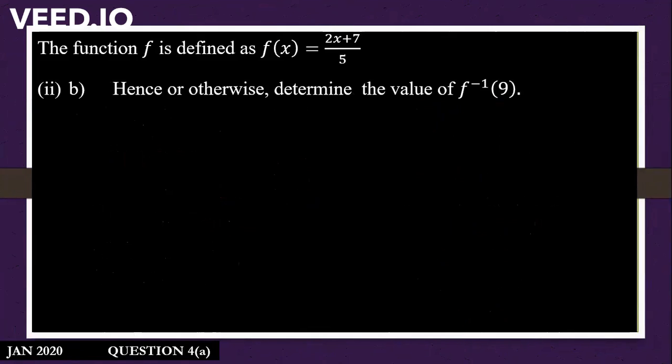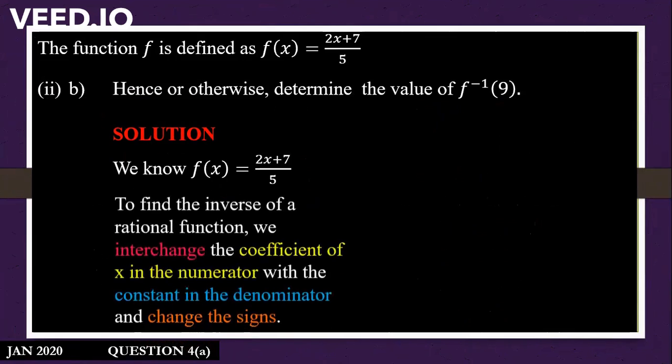It says, hence or otherwise, determine the value of f inverse of 9. Here, we know that f of x is 2x plus 7 all divided by 5. To find the inverse of a rational function, we interchange the coefficient of x in the numerator with the constant in the denominator and change their signs.